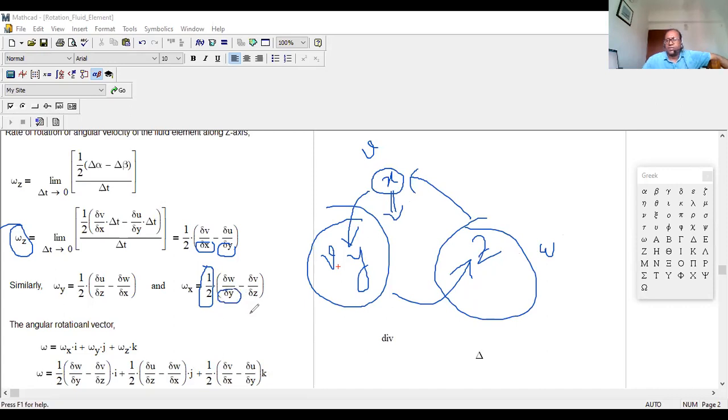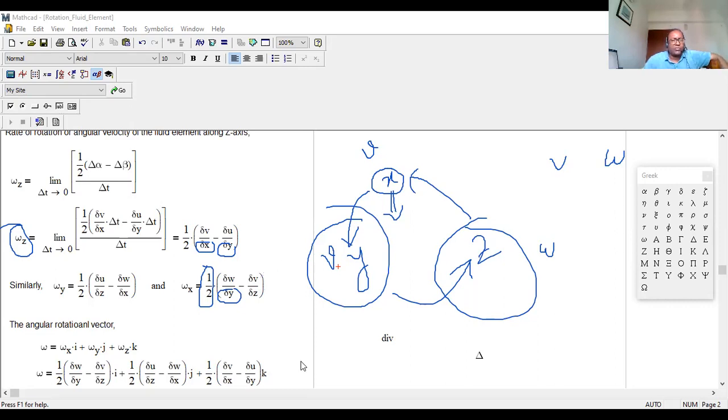Now you try to figure out angular velocity along x axis. So you have to take velocity v and w. You already took del y, so over here will be del w. Then minus the other axis del z and velocity y axis del v.